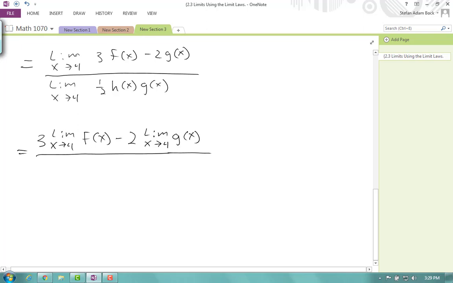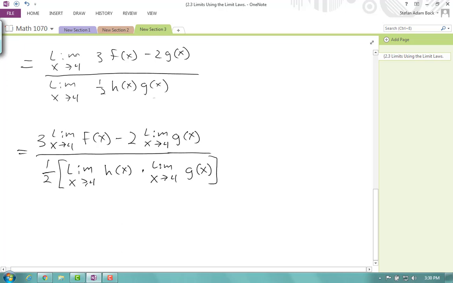Beautiful. Now on the bottom half, I have a constant multiple, but I also need to split up this multiplication. So I'll have 1/2 times the limit, which will distribute across the product: the limit as x goes to 4 of h of x times the limit as x goes to 4 of g of x.